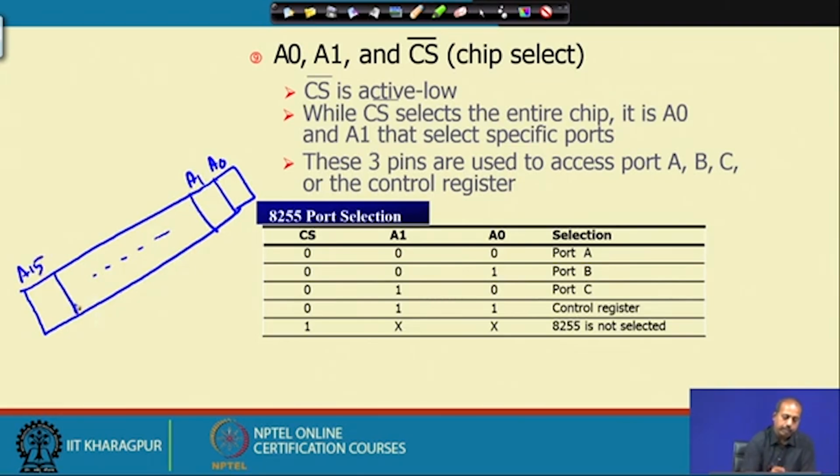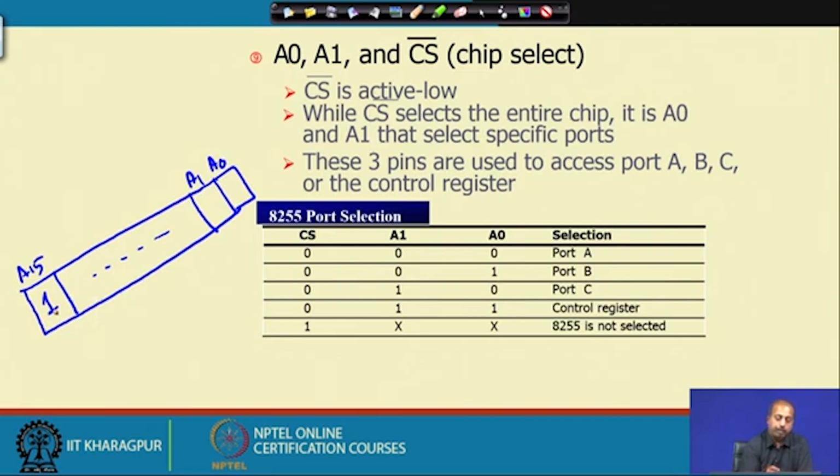Suppose in my case whenever A15 is equal to 1, 8255 will get selected. For the rest of the memory modules, A15 is equal to 0. The decoder will not select those modules if A15 is equal to 1, so this selects the 8255.